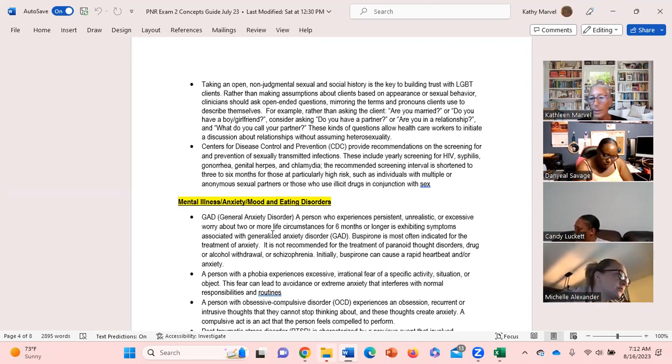Those are the recommended screenings. And if the client is at a more heightened risk, characterized by multiple or anonymous sexual partners or illicit drug use, then rather than annual, the CDC asks that that client be screened every 3 to 6 months.